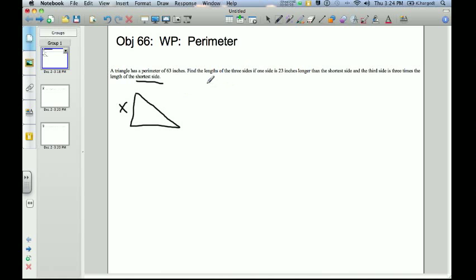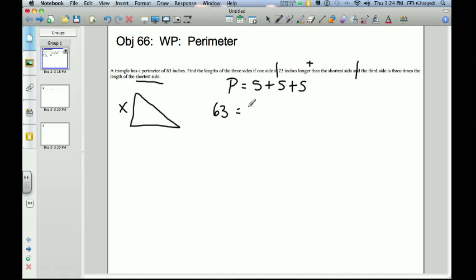We know that our perimeter formula for a triangle is, in this case, side plus side plus side. And we know that the perimeter is 63 inches. From here we're going to take the additional information that one side is 23 inches longer than the shortest side.